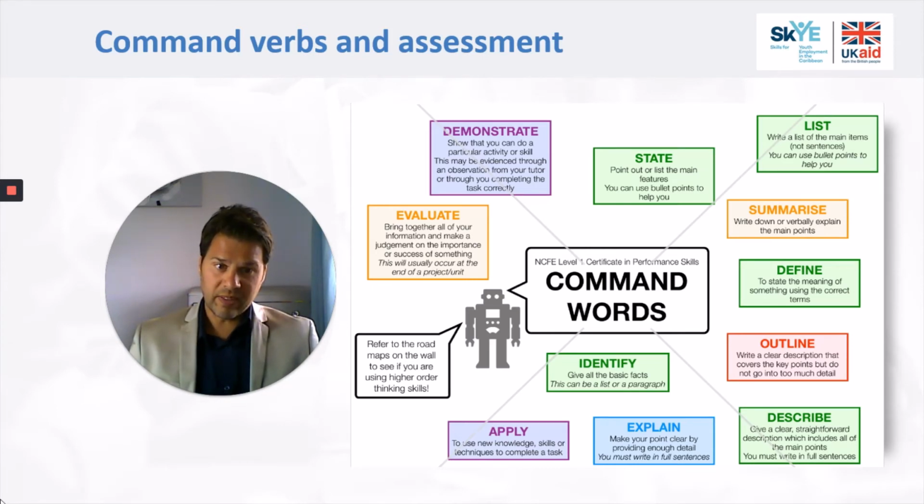If we look at things like identify, describe and explain, these can all be done as a written task, or could be done verbally. It's really important that students are asked to write in paragraphs for identify, to write in full sentences for explain, or to write in full sentences for describe. But they could do that verbally as well, to make sure that they give examples within there.